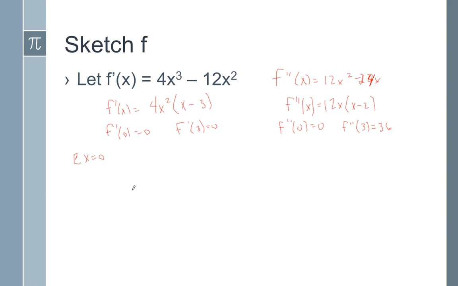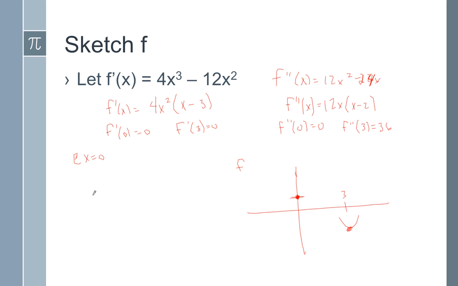And at 3, it's a minimum value. So I do know at x equals 3, it's a minimum value here. And at x equals 0, I don't care where I draw it, really. If I'm trying to draw the function f, it doesn't matter where I draw it. I know it's going to be probably somewhat horizontal, and I know this is going to be a minimum.